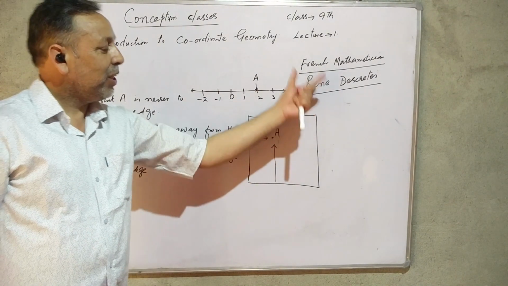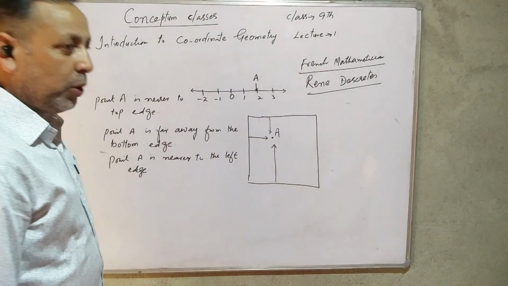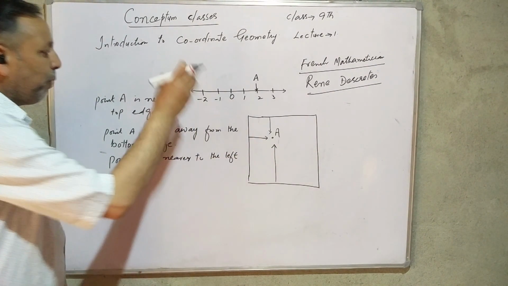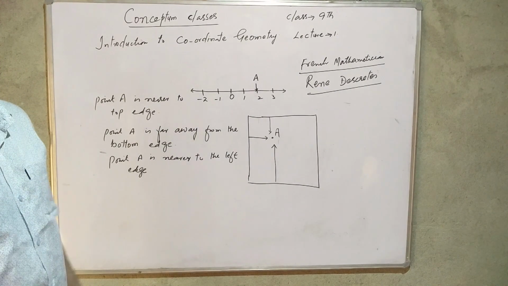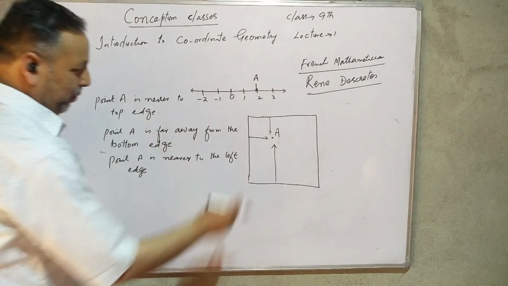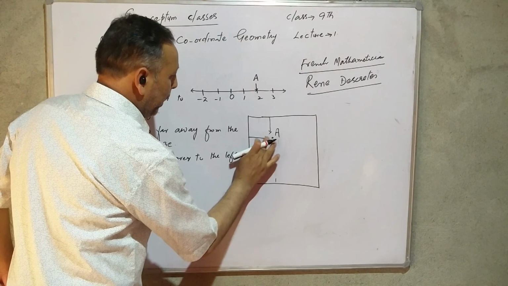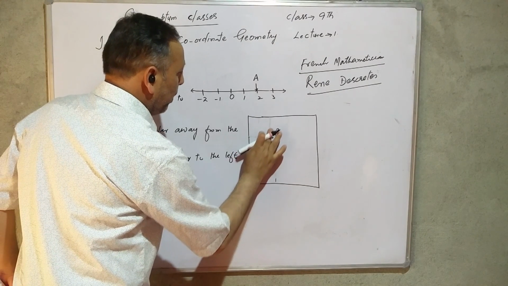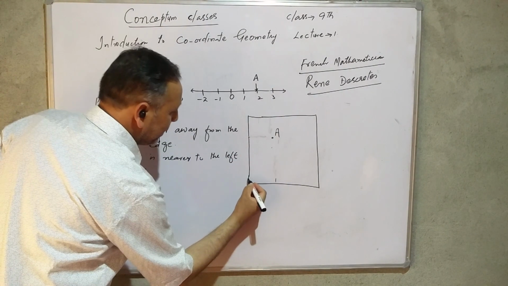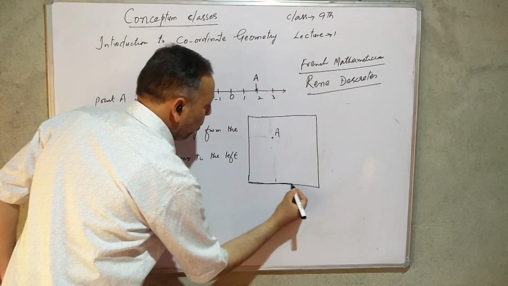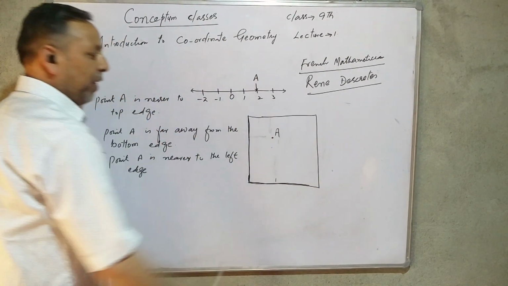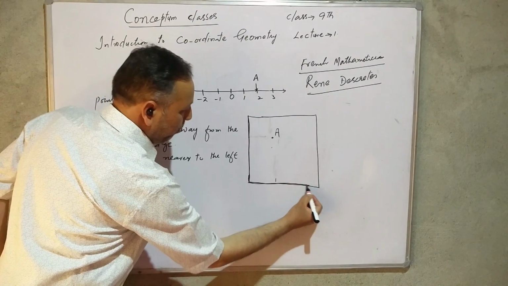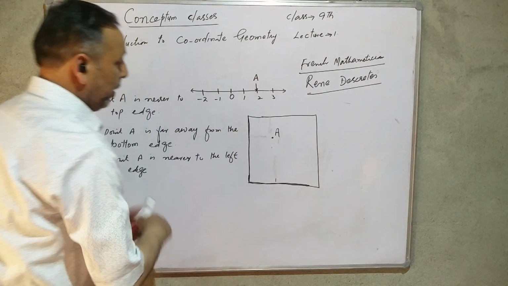According to René Descartes, when you want to describe a point in a plane, you take two reference lines. For example, let me take two reference lines, the bottom edge and the left edge.